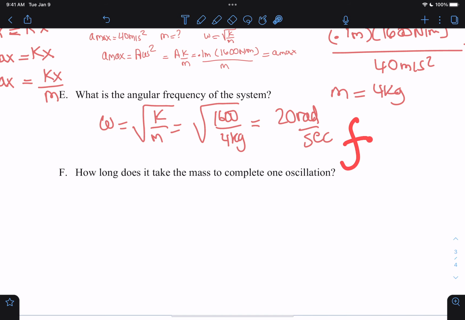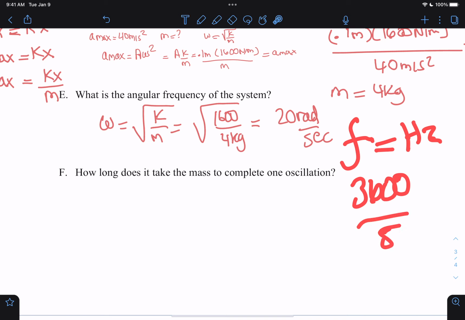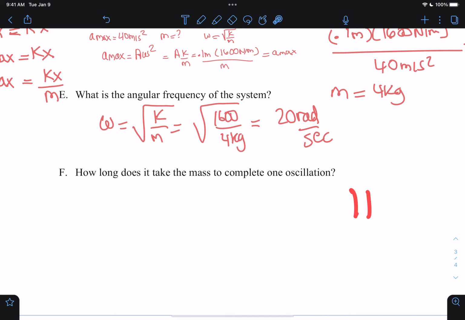For frequency, just for frequency, that can be in hertz. So if you said 3600 hertz, that's like saying 3600 cycles per second. And so that's why hertz are seconds to the -1, because your seconds would be in the denominator. But since omega is 2 pi times the frequency, it's like the radians per second.